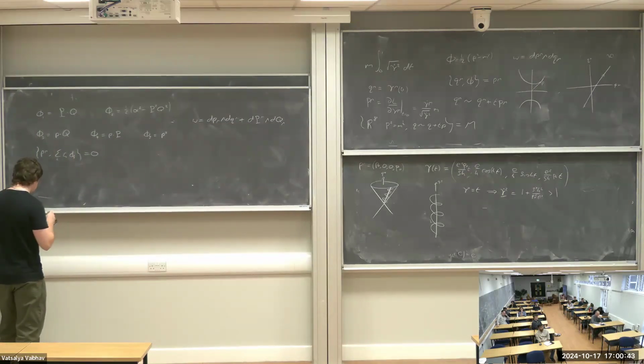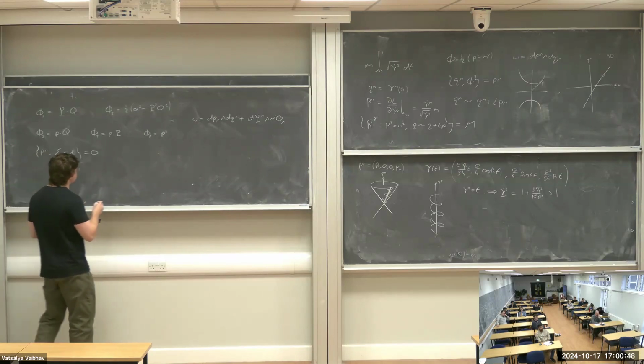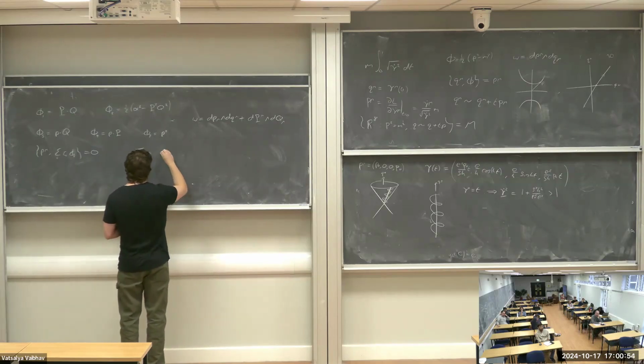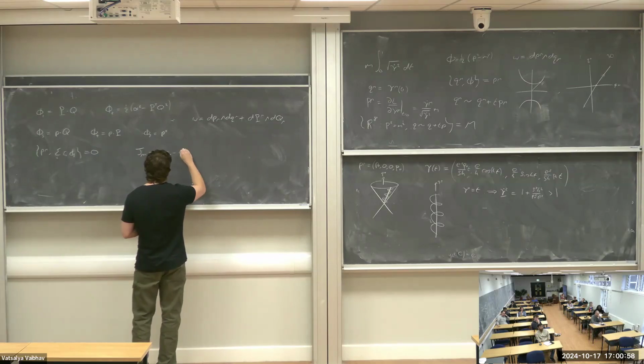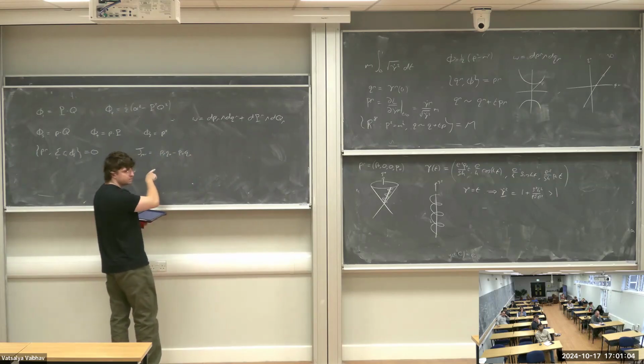The other things that are gauge invariant are the angular momentum. My angular momentum J mu nu looks like the usual angular momentum p mu q nu minus p nu q mu. This is like the orbital angular momentum.